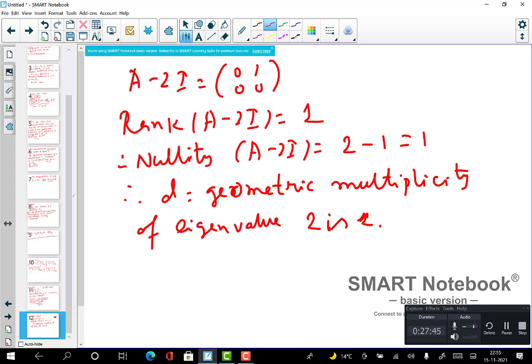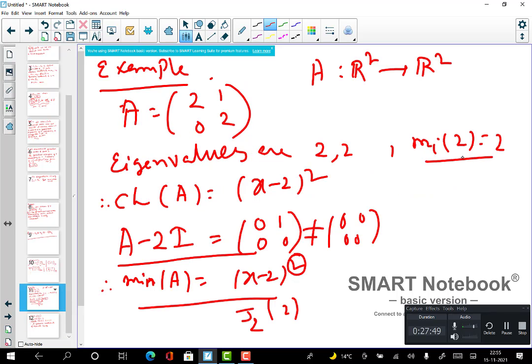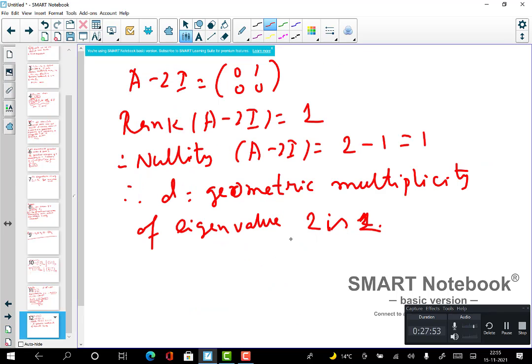But the algebraic multiplicity of 2 is 2, already you know that, because 2 appears twice in the characteristic polynomial. But the geometric multiplicity is 1. So what does that mean? That means that A is not diagonalizable, right? It's clear, not diagonalizable.